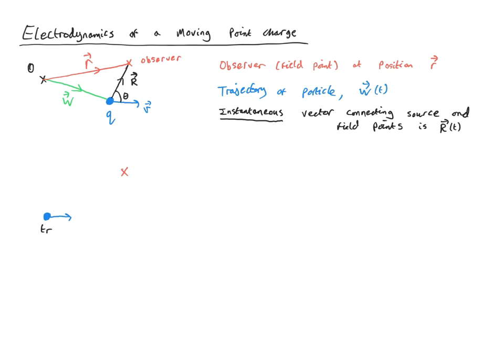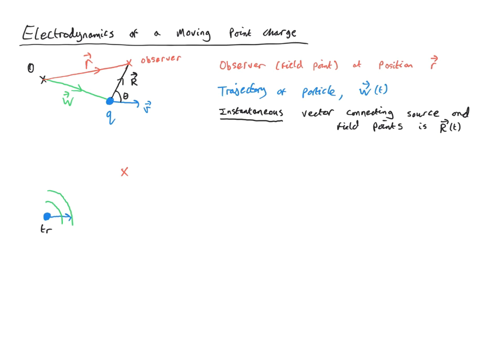Consider a snapshot of the situation at a time t_r. This is the retarded time. The particle is moving along, let's say the x-axis, and at that instant in time, the retarded time, the particle emits some electromagnetic waves, let's say, some information about where the particle is. And I'll denote this suggestively as spherical wavefronts emerging from the particle.